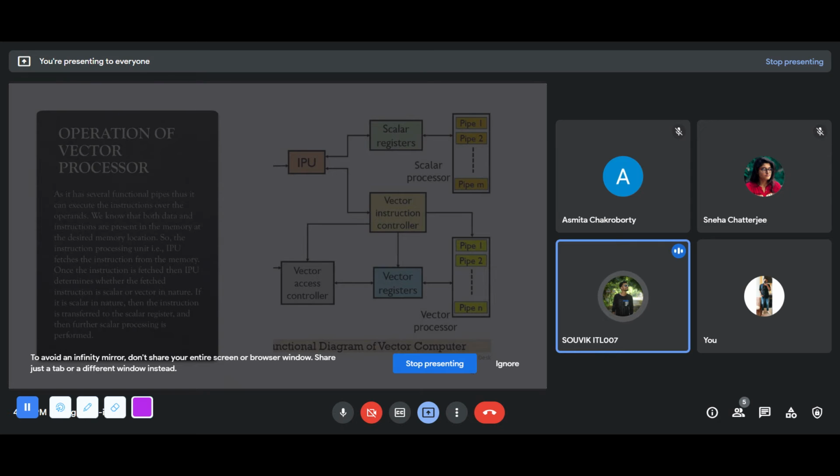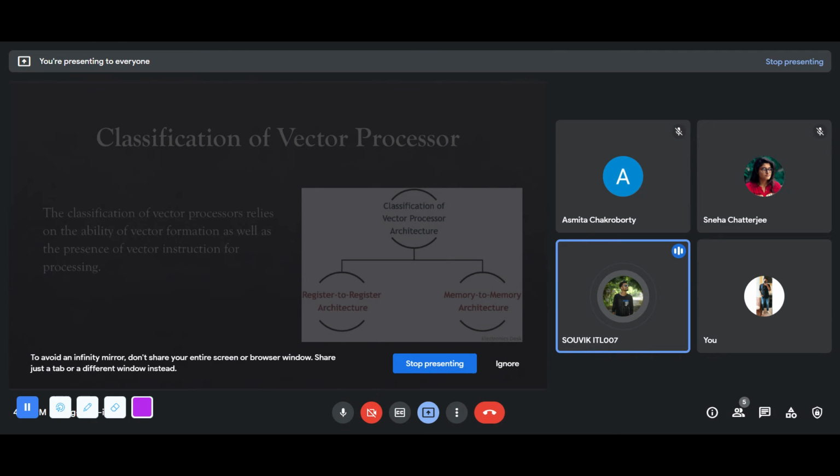Once the instruction is fetched, the IPU determines whether the fetched instruction is scalar or vector in nature. If it is scalar in nature, then the instruction is transferred to the scalar register and then further scalar processing is performed.